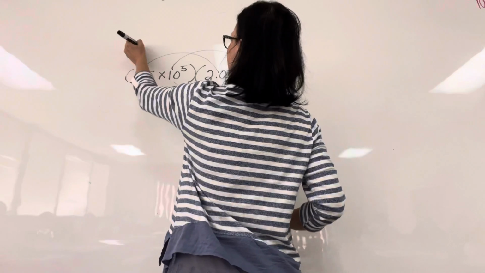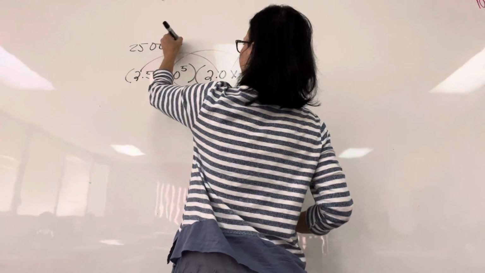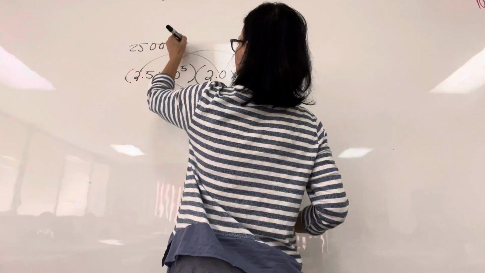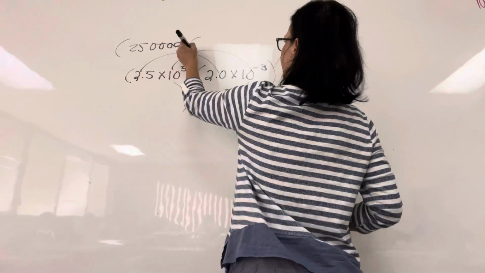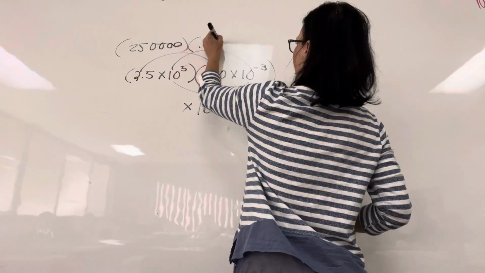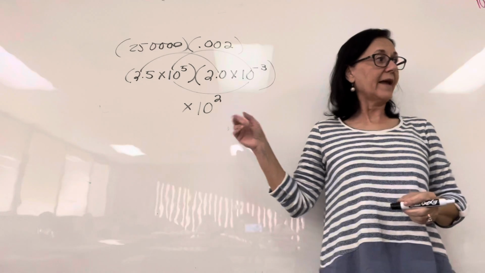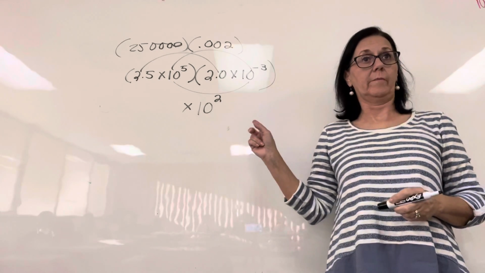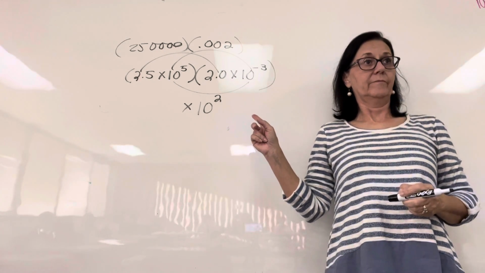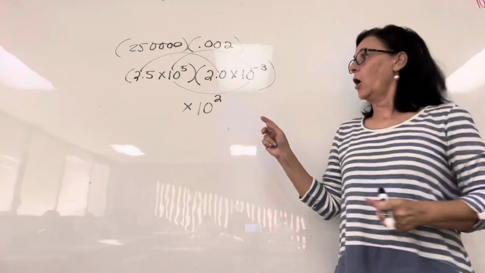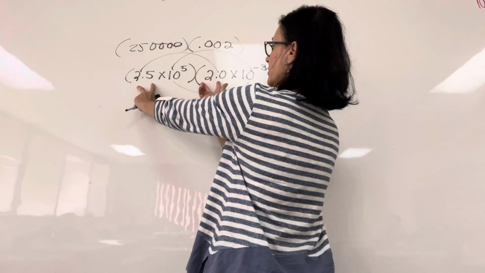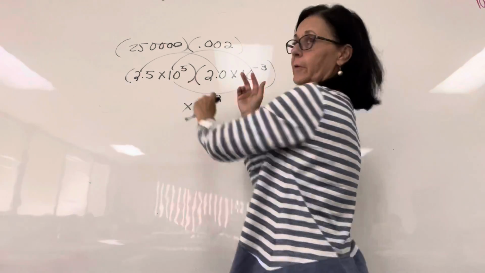This is like 2,5 1,2,3,4, right? Times 0.002, if I were to go back and rewrite them in their original form. You agree? So we're only multiplying the first parts, and then we're multiplying the tens.